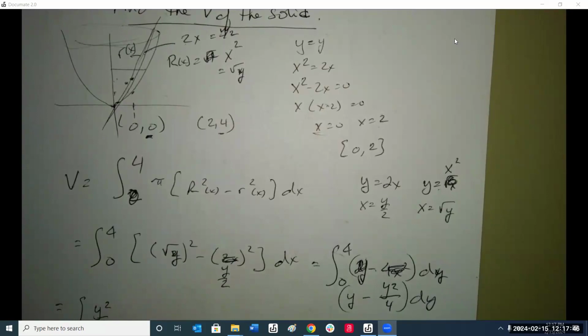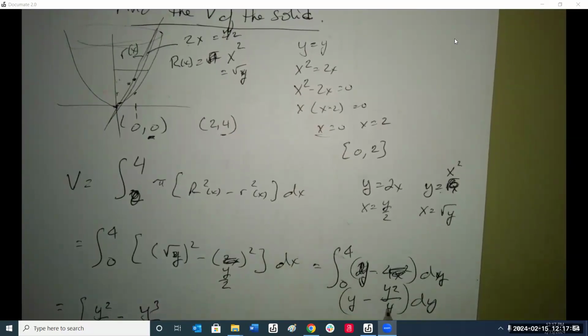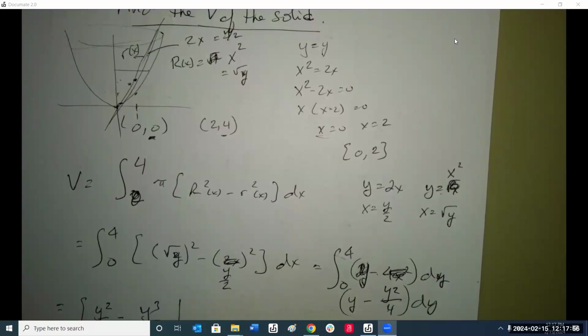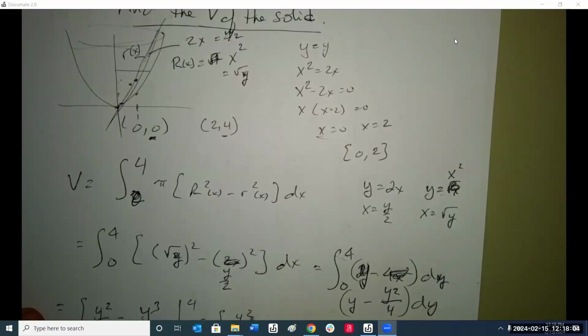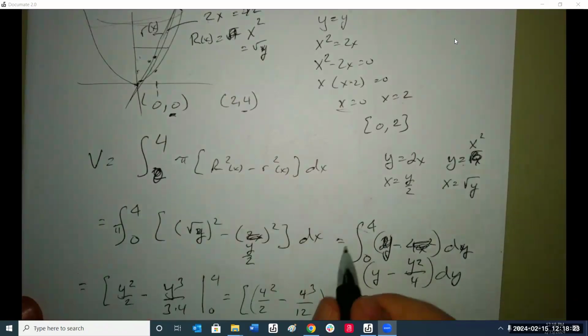So it's y squared over 2 minus y cubed over 3 times 4. Four squared over 2 minus 4 cubed over 12, minus 0. The pi goes out in front.